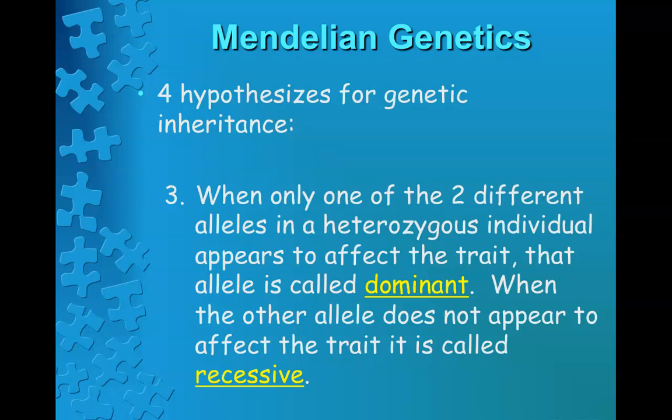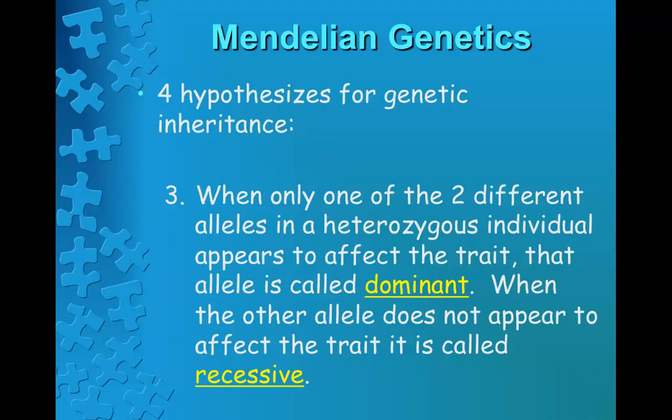But then Mendel also comes in and says, all right, well, because each organism has two alleles for each trait, then how do we know which allele gets expressed? And that's where we talk about dominant versus recessive. So in order to show a dominant trait by traditional Mendelian genetics, that heterozygote organism will always show the dominant because it has one capital letter, because it has a dominant allele.